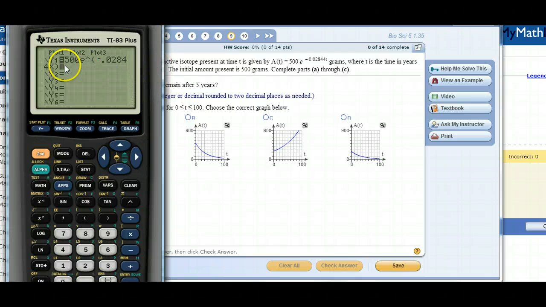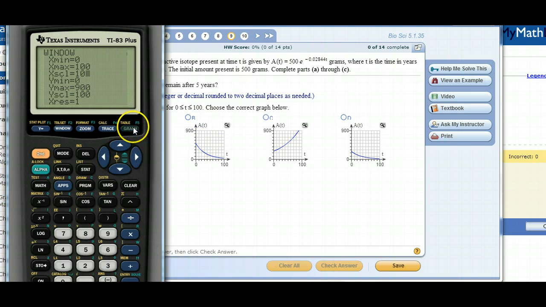That's fine to do. And I'm going to use the window they tell us to, so from 0 to 100, I already got that, and then from 0 to 900 for the y-axis. It looks like they've got those in hundreds, and then here it looks like they've got them in tens.